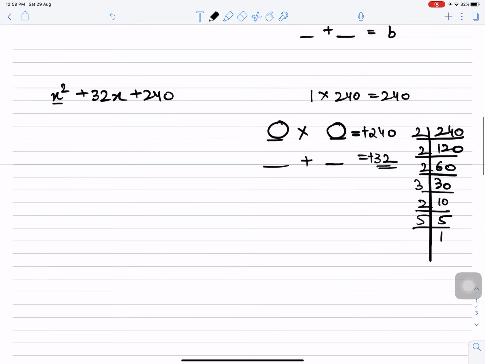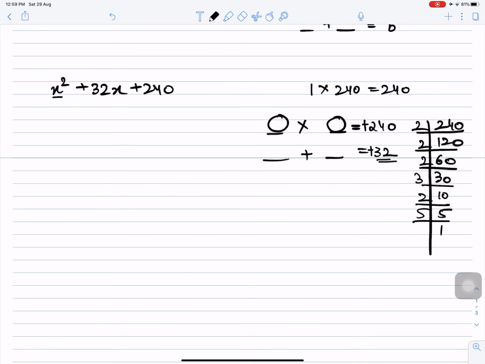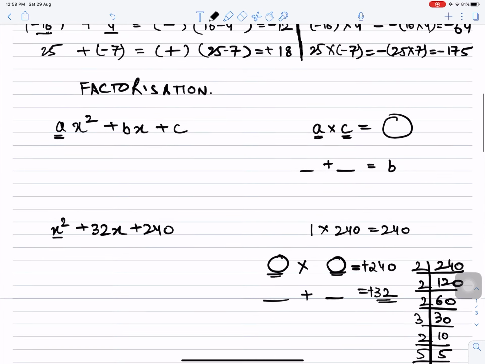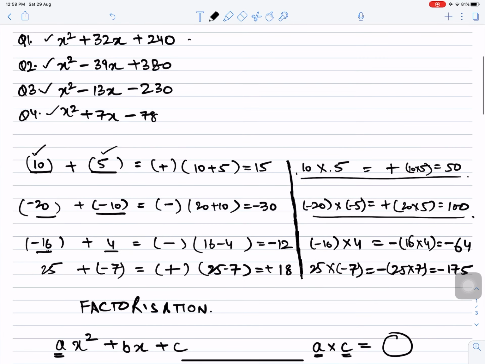In my question I need the answer to be positive, so either both numbers are positive or both are negative. But we need the sum as plus 32. If I look at the addition case, this is when both have the same sign, meaning positive sign.